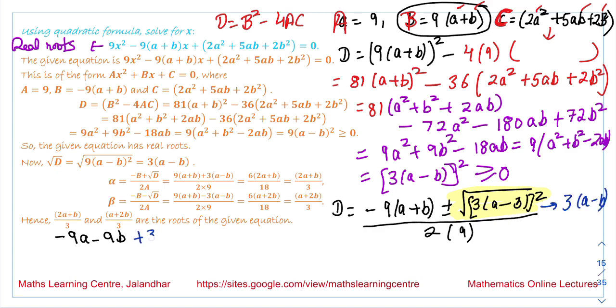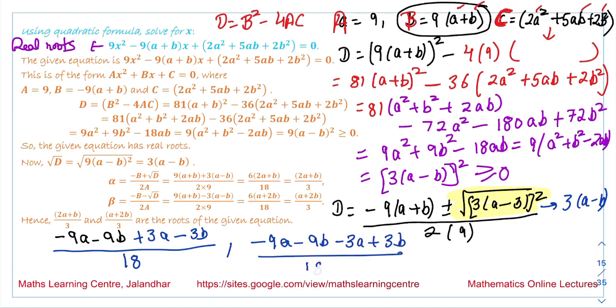So it is plus 3a minus 3b by 18, and the second value is minus 9a minus 9b minus 3a plus 3b by 18, and this gives us the two values, 2a plus b by 3 and a plus 2b by 3. So we are saying these are the two roots of the given quadratic equation. Now next, this quadratic equation is given to us.